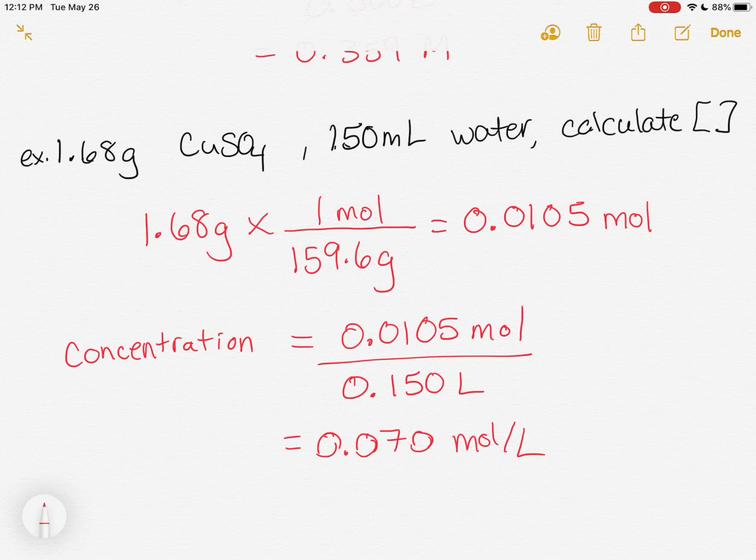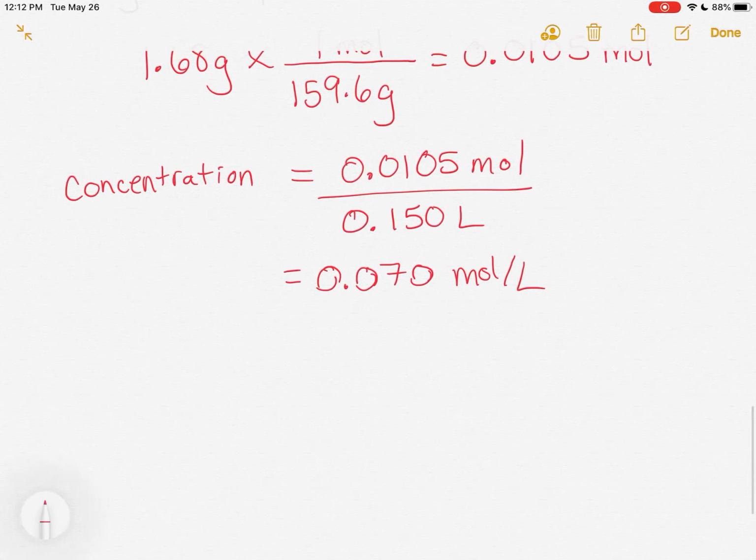Okay. Now, we can also rearrange, and we can use our concentration and volume to find how many moles, or we could use moles and concentration to find the volume of our solution as well. So we can always rearrange this equation. And so when we're using this concentration equation, we actually use some letters to represent the equation.